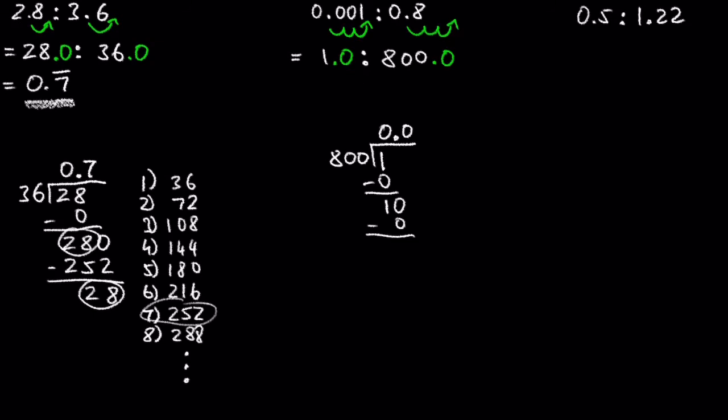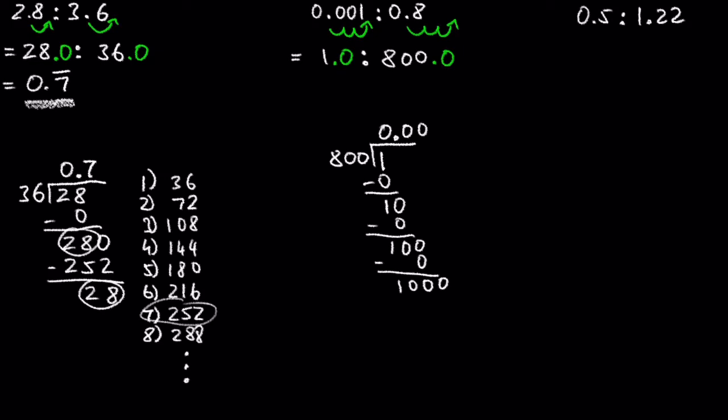Subtract 0 from 10 and we get 10. Bring down the 0. The 800 goes into 100 0 times. 0 times 800 is 0. Subtract 0 from 100 and we get 100. Bring down the 0.